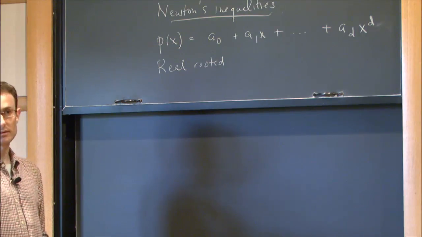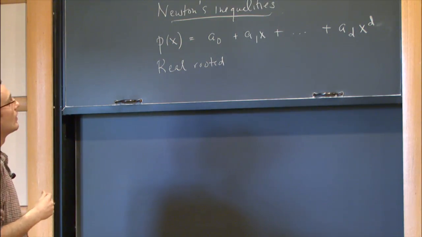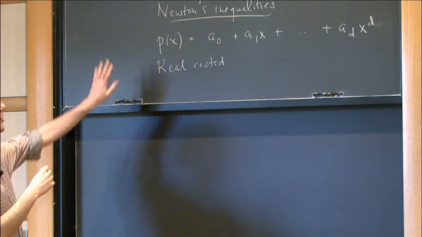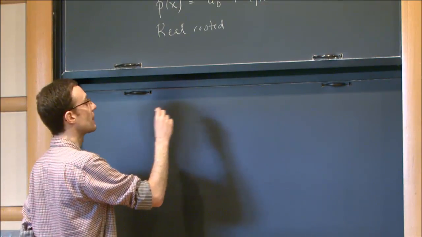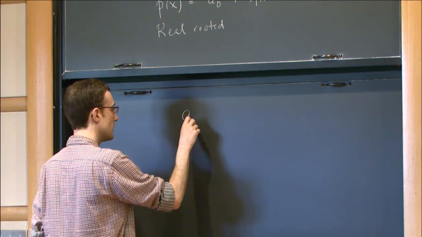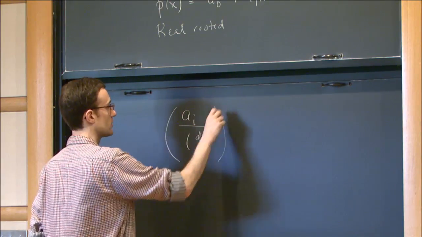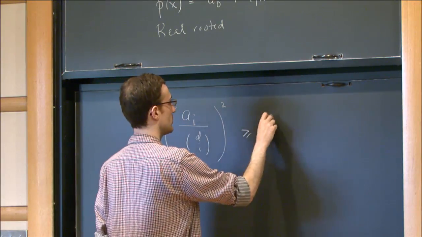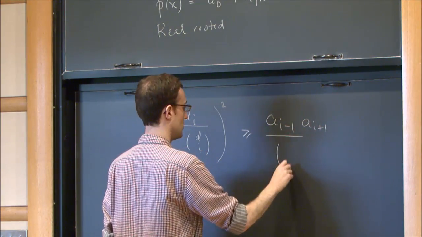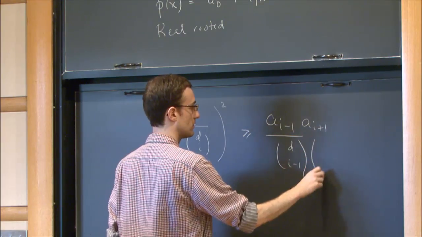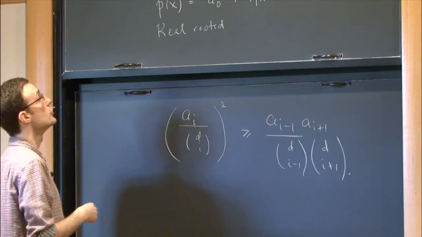It's a product of x minus real numbers. If this polynomial is real-rooted, then you have that ai over d choose i, squared, is greater than or equal to ai minus 1 over d choose i minus 1, times ai plus 1 over d choose i plus 1. These are Newton's inequalities.